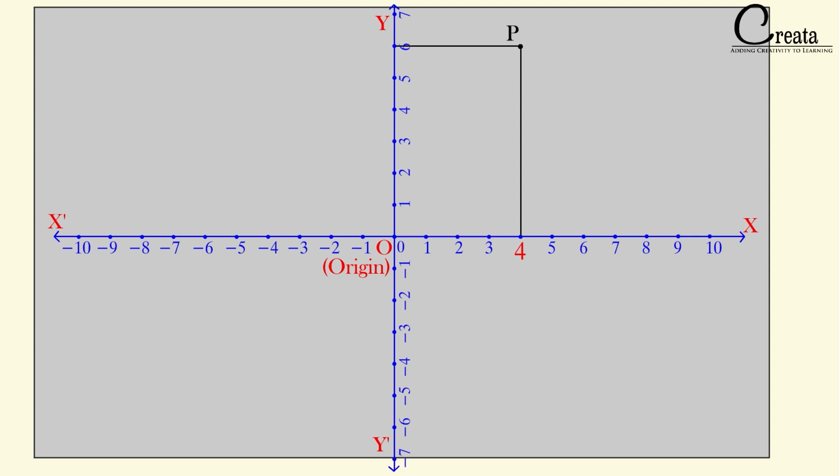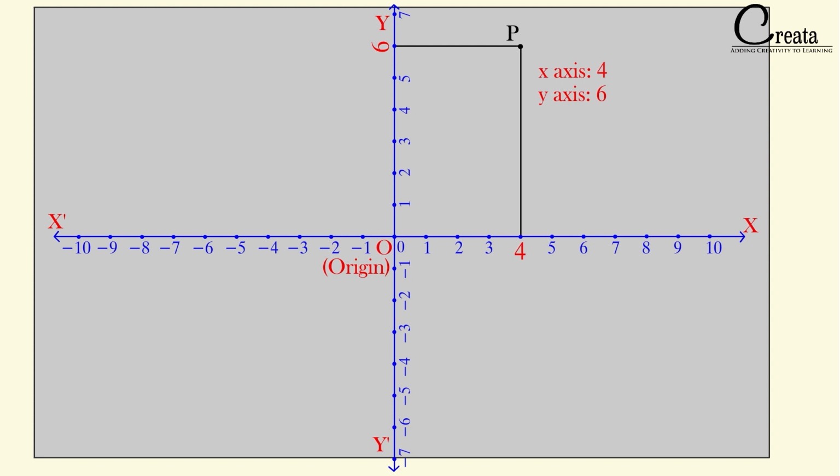Similarly, this line is crossing the y-axis at point 6. So the perpendicular lines drawn from the point P cross the x-axis at 4 and the y-axis at 6. Here the x coordinate of this point is 4 and the y coordinate is 6.